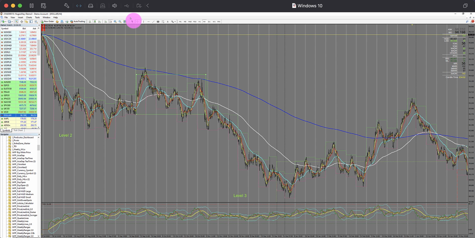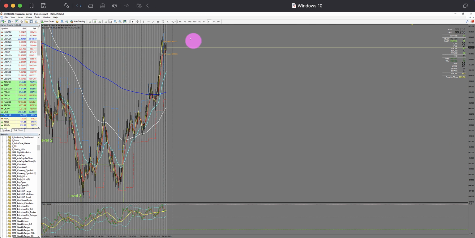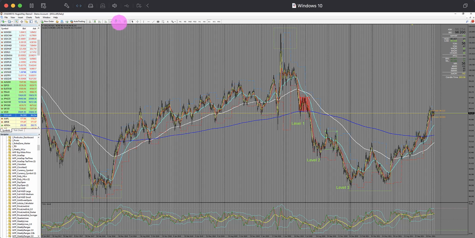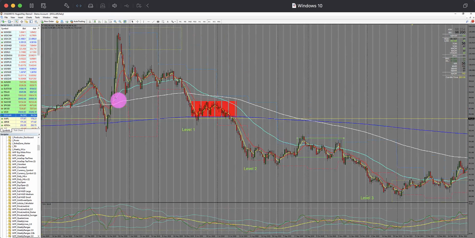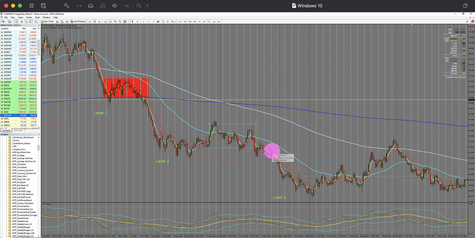So if it gets a little bit tough for you, I always suggest turning back to the daily, because it's less clutter and you can see what you're looking for. Okay, so this would be that peak formation, pullback, that 1, that 2, and that 3, because you're looking for 3 hits to a high or 3 hits to a low. Doesn't matter the time frame.